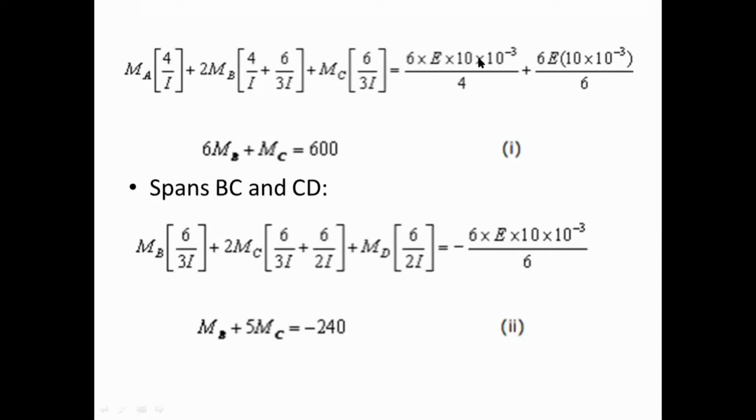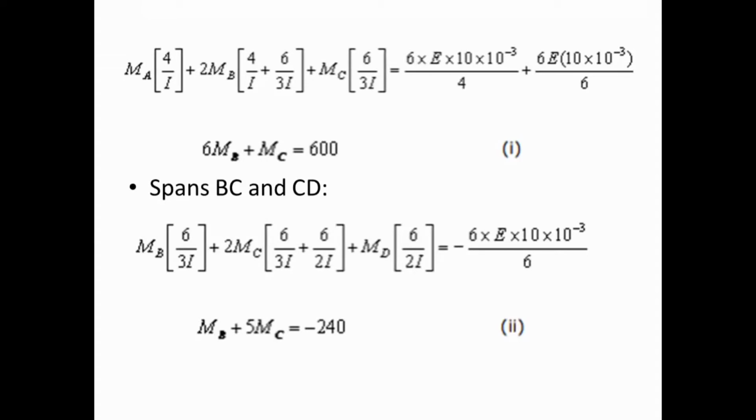It is converted into meters. So it is 6 EI delta upon L1 plus 6 EI delta upon L2. The 10 mm is converted into meters, so 10 into 10 to the power minus 3.